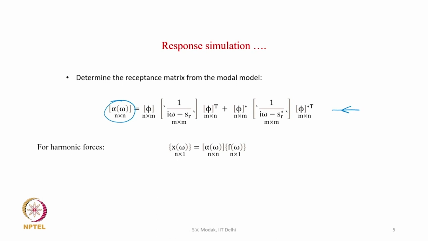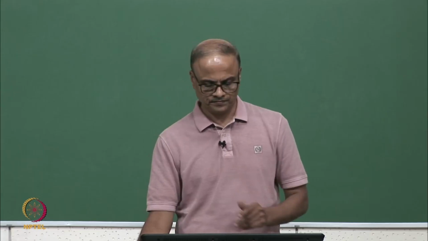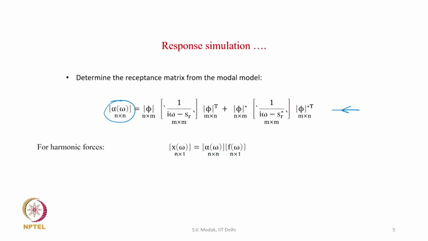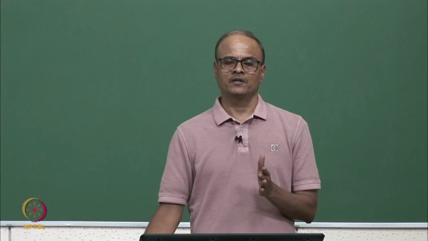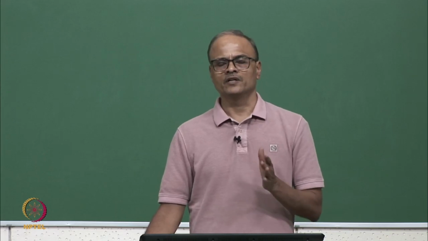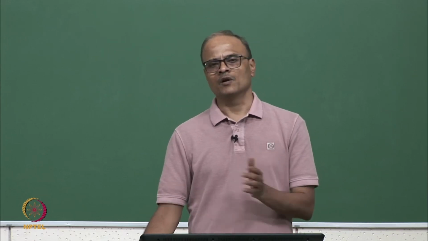So, we can predict the response x to any set of forces at frequency omega acting at any of these n DOFs. Now, if the forces acting are not harmonic, let us say transient forces or periodic forces, then we can use the Fourier series technique to represent these forces as a sum of harmonic forces.